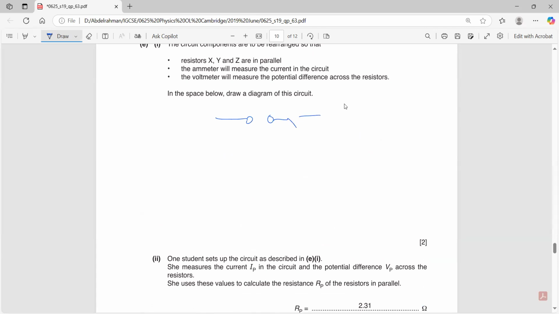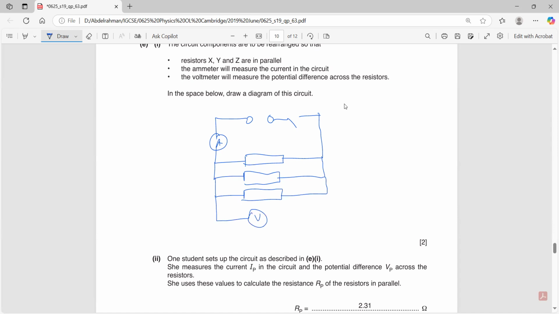And then you have an ammeter, and then resistors X, Y, and Z, and the voltmeter in parallel to them all. That was easy.